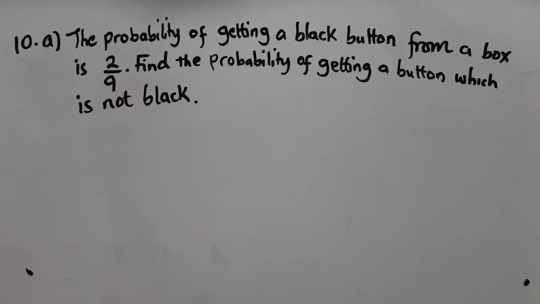So we have question 10A. The probability of getting a black button from a box is 2/9. Find the probability of getting a button which is not black. Simple. Okay?